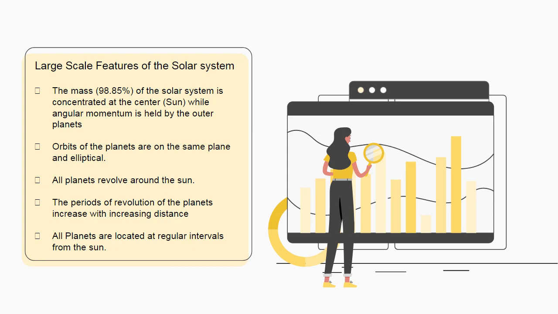The orbits are nearly circular. The orbits are in the same plane, and all planets revolve prograde. When we say prograde, it is to rotate counterclockwise. Like Mercury, Earth, Jupiter, Neptune, they rotate counterclockwise.